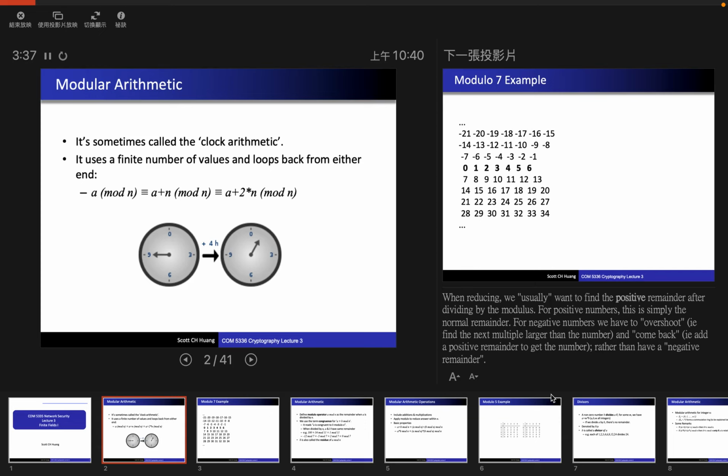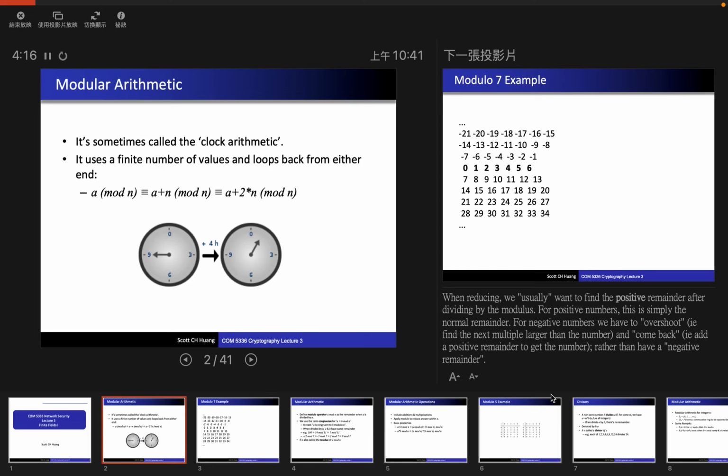In math, this is called congruency. Mathematicians like to use this symbol. I'm sorry, not conjugacy, congruency. So it reads A is congruent to B. In Chinese, we say A 同余 B.